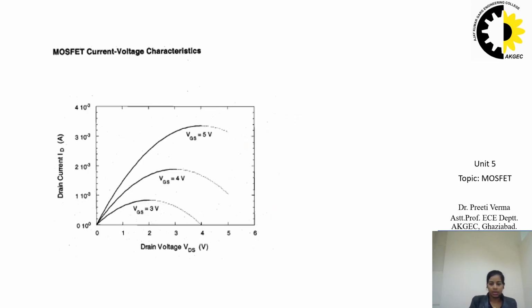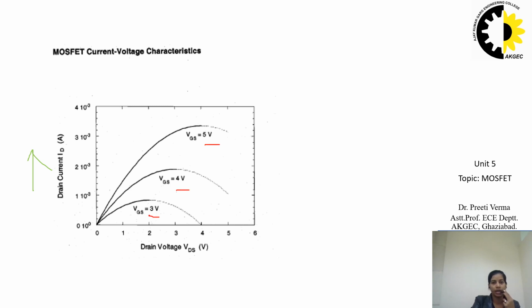This graph is showing the current voltage characteristics of the MOS transistor. On the x-axis we have VDS, that is drain to source voltage. On the y-axis we have drain current. Here we can see the curves for different values of VGS: 3 volts, 4 volts and 5 volts.